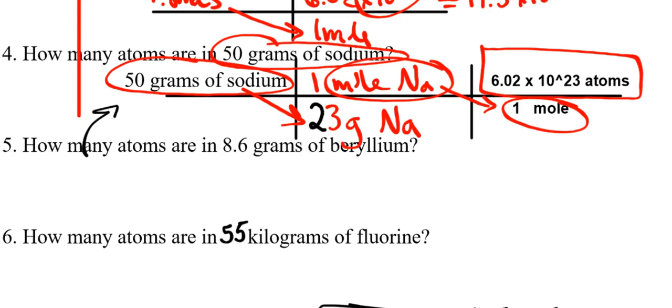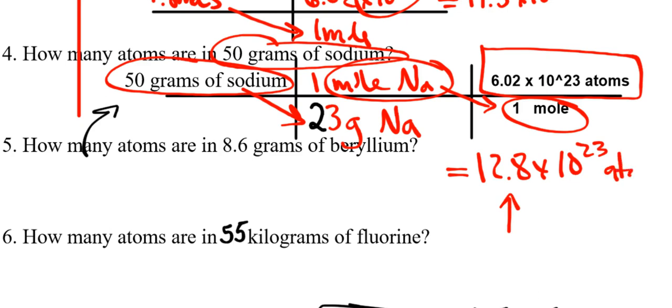And go ahead and type that in, and you should get some sort of number. I'm going to say it's roughly, I don't know, 12.8 times 10 to the 23rd. That's my guess. This is, I'm sure, not correct. And that would be moles of atoms. Or sorry, that'd be the number of atoms because it asked.